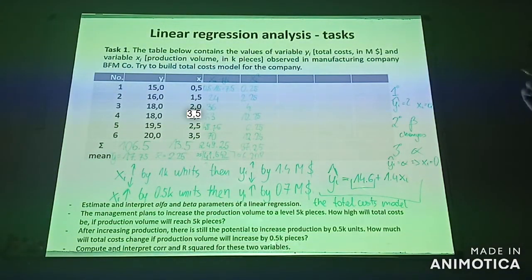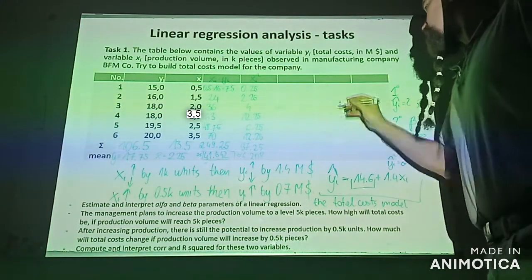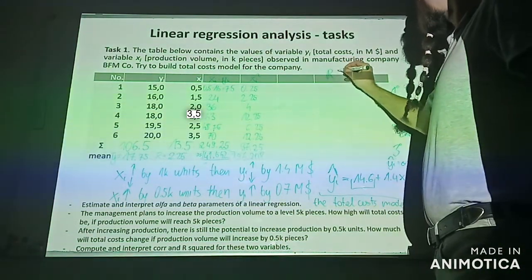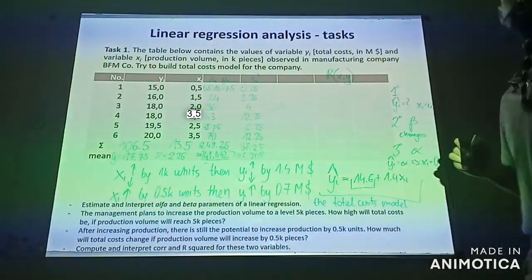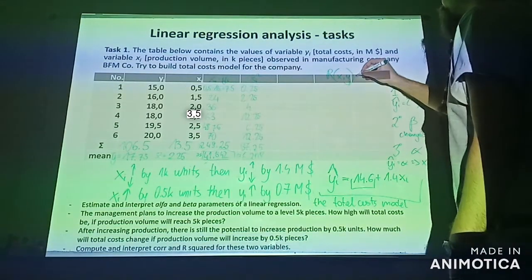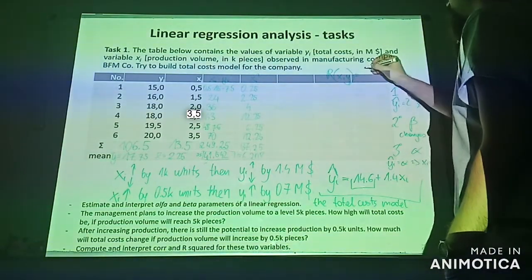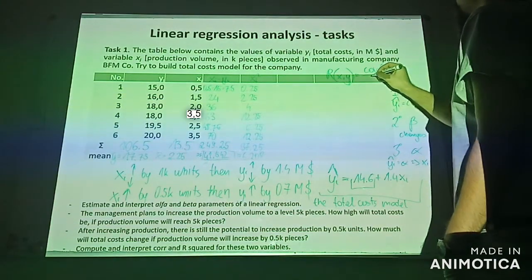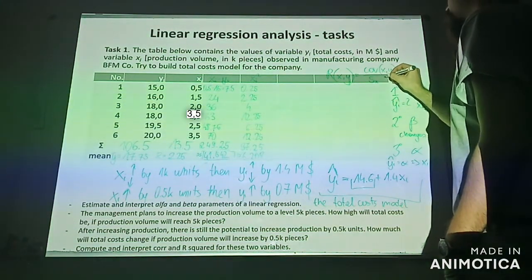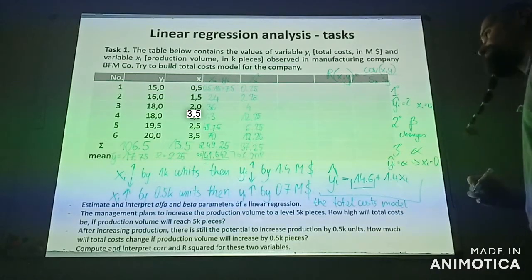So, the previous part. As you remember, the coefficient of correlation is given by the formula: covariance between x and y values divided by the product of standard deviations.